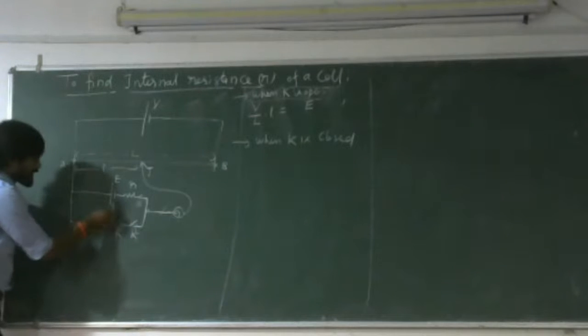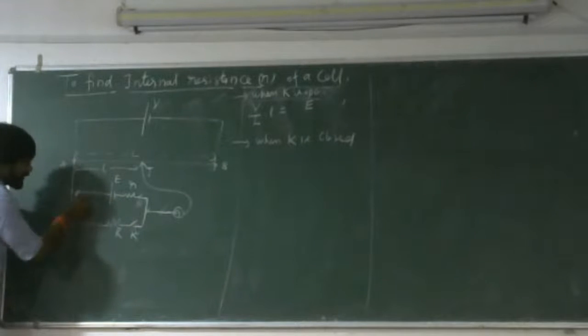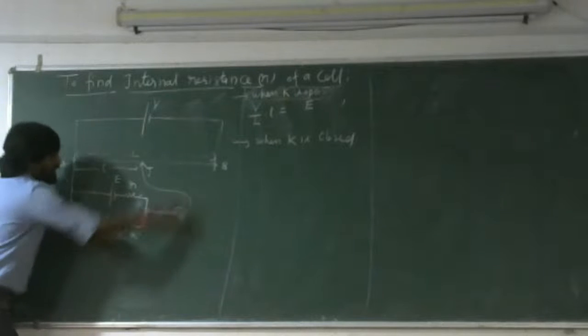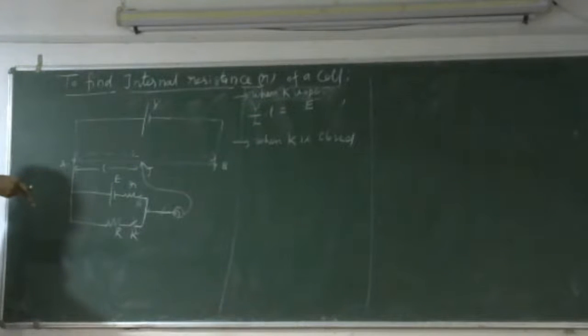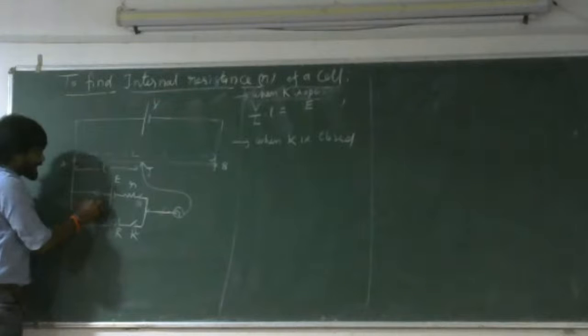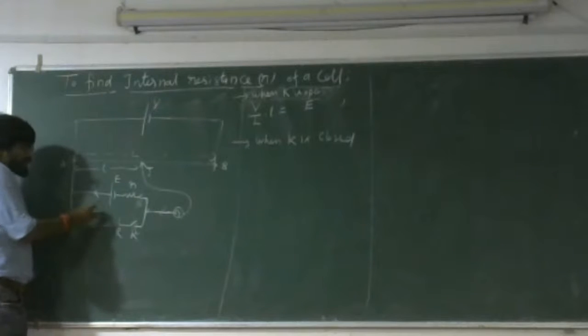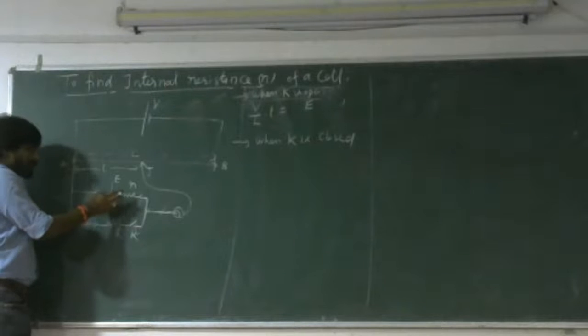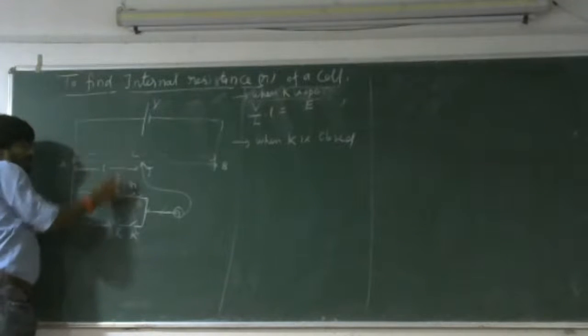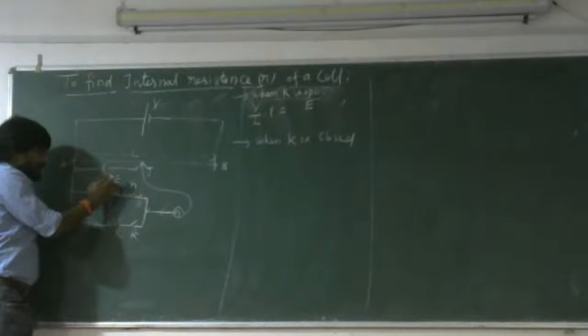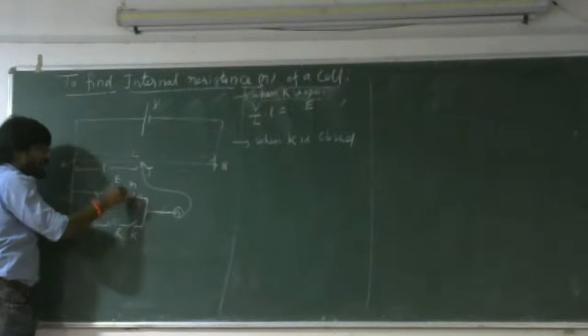When this is closed, the current will flow in this circuit, but it will not flow to the galvanometer because the galvanometer is giving zero current. So a current is drawn from the cell. When a current is drawn, the potential difference across it is E minus Ir.